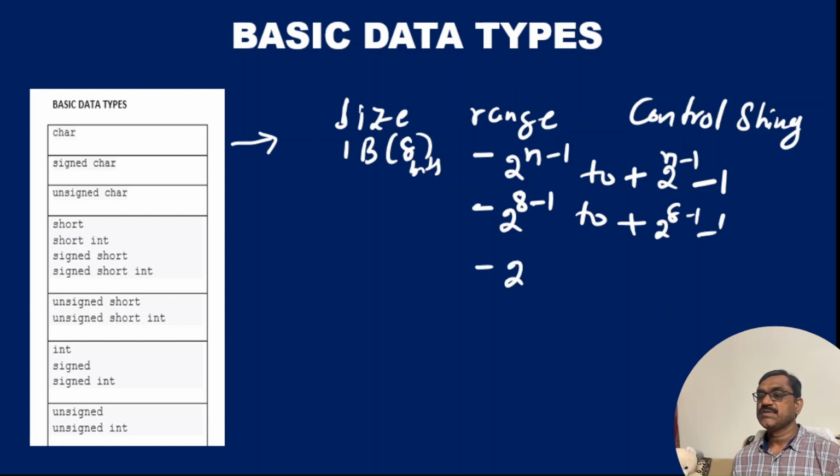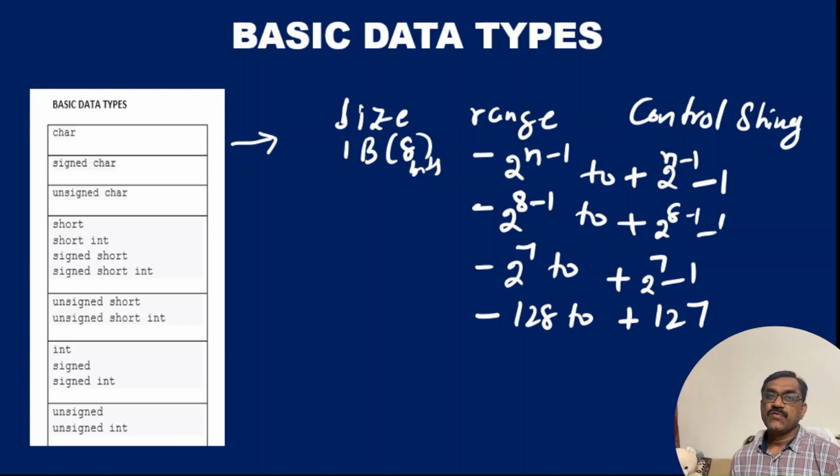That implies minus 2 to the power of 7 to plus 2 to the power of 7 minus 1. So minus 2 to the power of 7 means minus 128 to plus 127. This is the range for character as well as signed character.